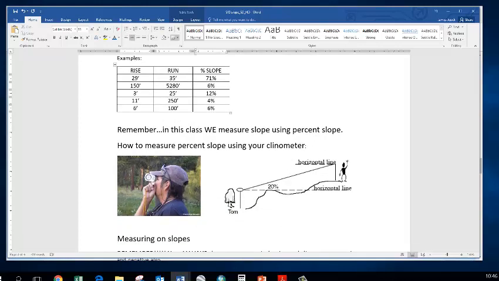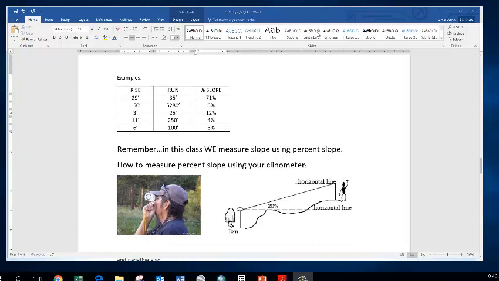So you ask me, what does this have to do with what we're doing in class here? Okay, well, I'm glad you asked. Remember what we talked about, that when we're mapping, we always draw our maps in horizontal distance.